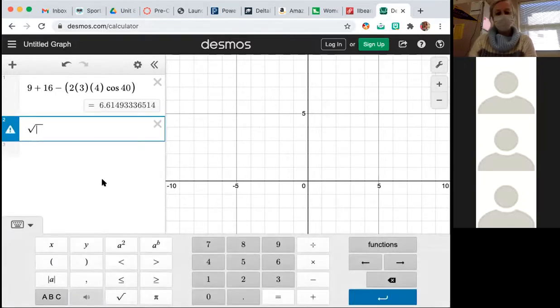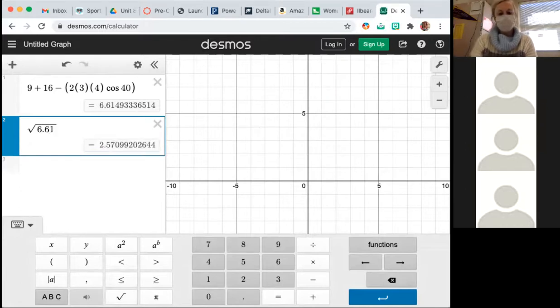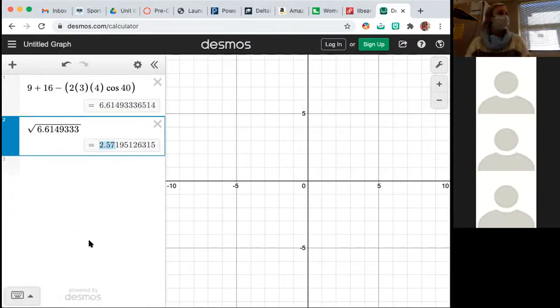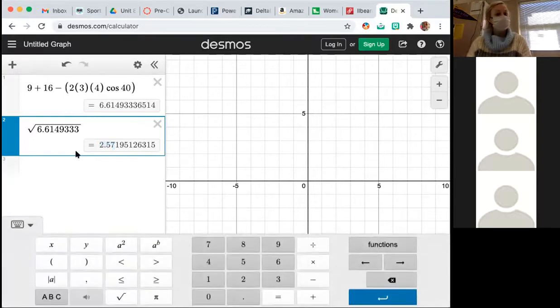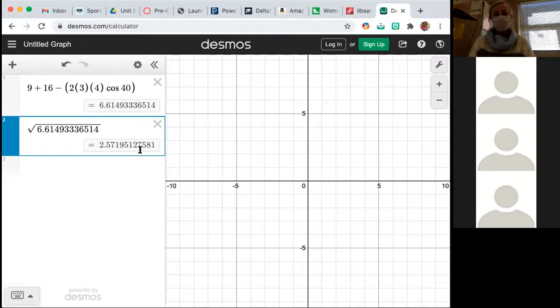Square root of 6.6149333, and I don't need to do anything else because this isn't changing. So A would be 2.57. Does everybody agree with that? Now listen to me. Can we round it yet? No. So this is where you would need to save this number up here, copy and paste, that kind of thing, okay? 6514. Put the whole thing up there. All right. Is everybody good with how we found A?